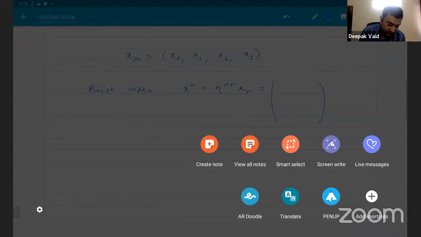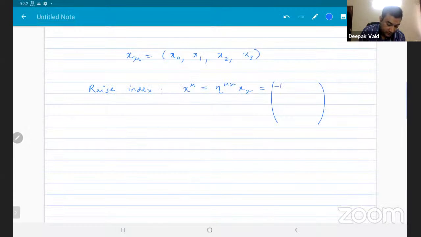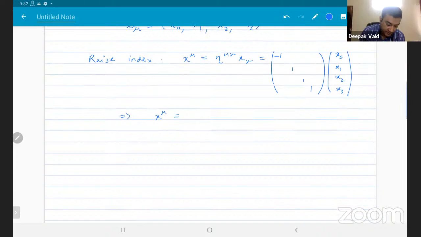What do I get? Well, this is the matrix with minus 1, 1, 1, 1, and this is x0, x1, x2, x3. So that gives me that x with the index raised will have the following components: minus x0, x1, x2, x3.